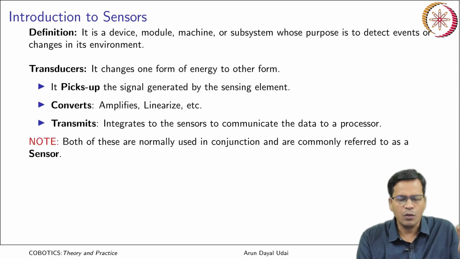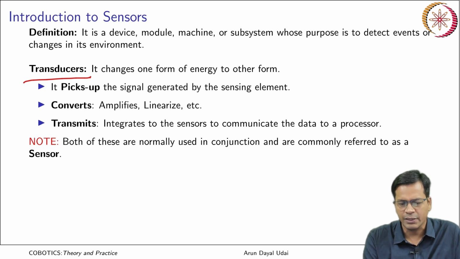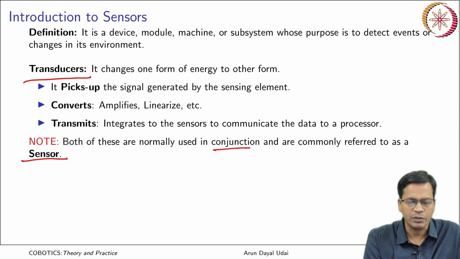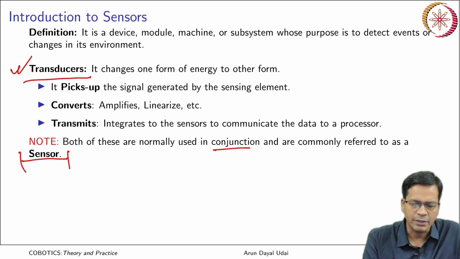Okay. So, both of these, the transducer and the sensing element, are normally used in conjunction and are commonly referred to as a sensor. So, the sensor as a whole nowadays is the transducer and the sensing element combined together.